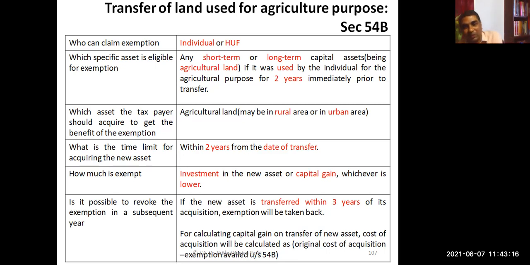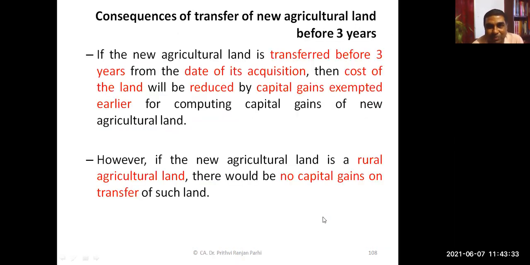And here again, this new asset should not be transferred within a period of 3 years. If it is transferred, the exemption will be taken back. Exemption will be taken back means for calculating cost of acquisition, whatever is the exemption which is allowed, that will be deducted from that cost. Therefore, the new agricultural land should not be transferred before 3 years.